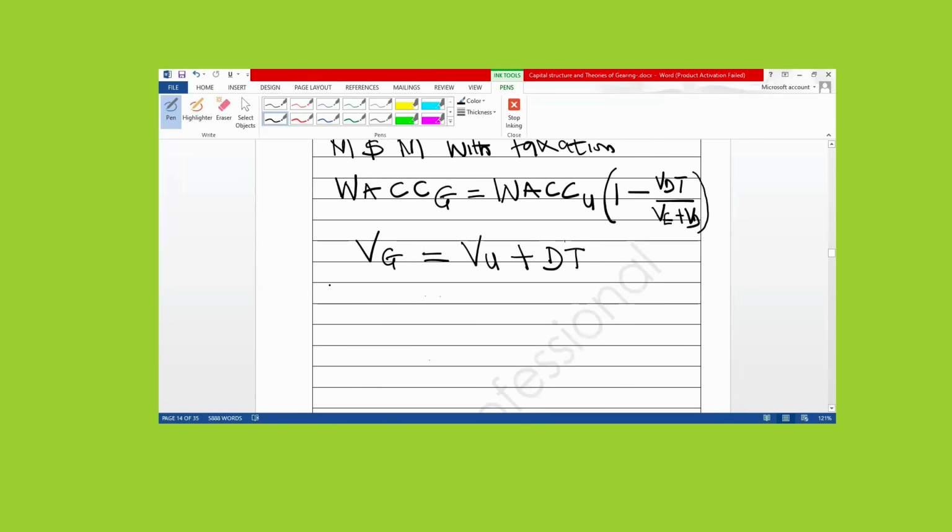The third one, cost of equity of geared is equal to cost of equity of ungeared plus bracket cost of equity of ungeared minus cost of debt, bracket, value of debt over value of equity, bracket 1 minus the tax rate.